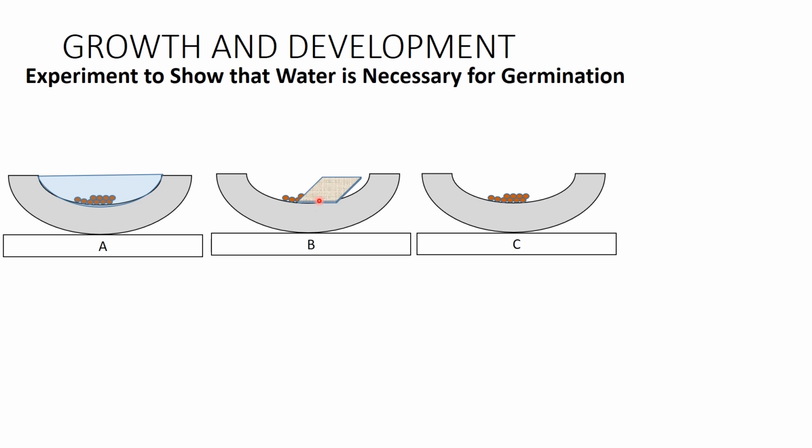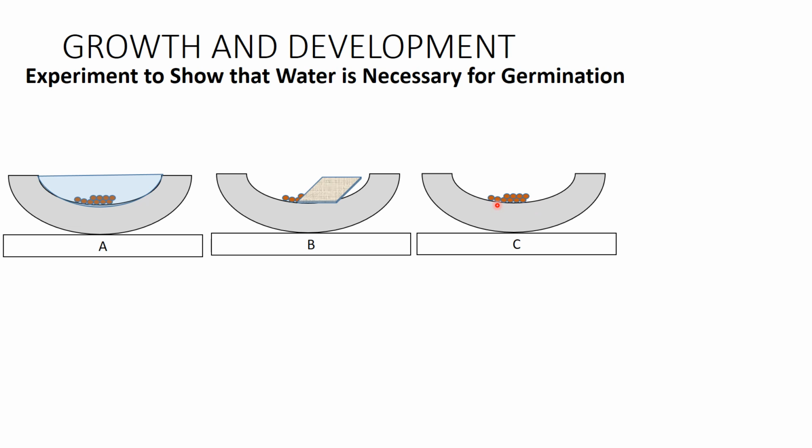The idea is to make sure that there is suitable amount of water here, not too much, not too little. So we're going to make sure that there is always a bit of water here. Here we've put a lot of water. Then here we're going to leave it the way it is without water.